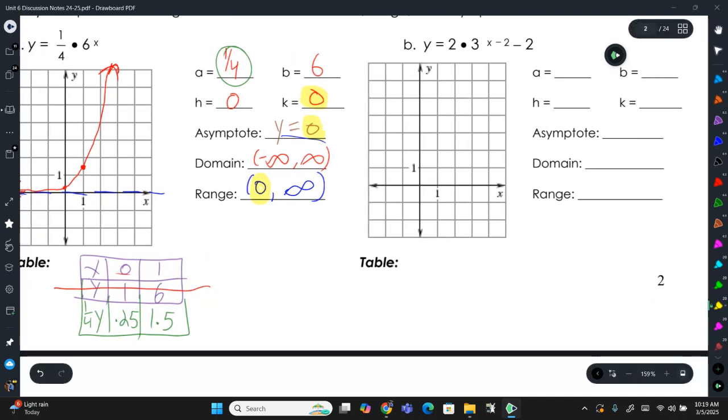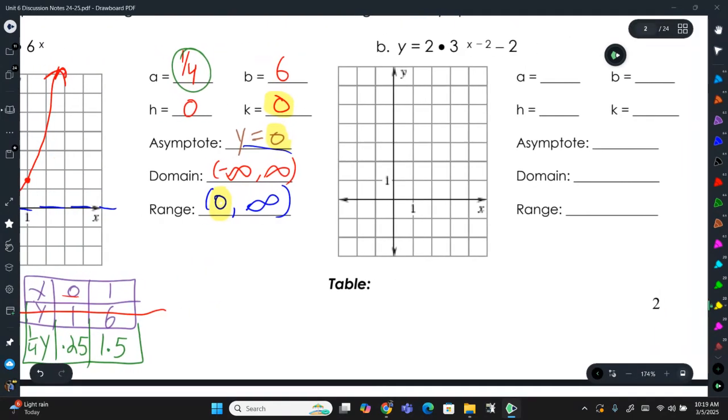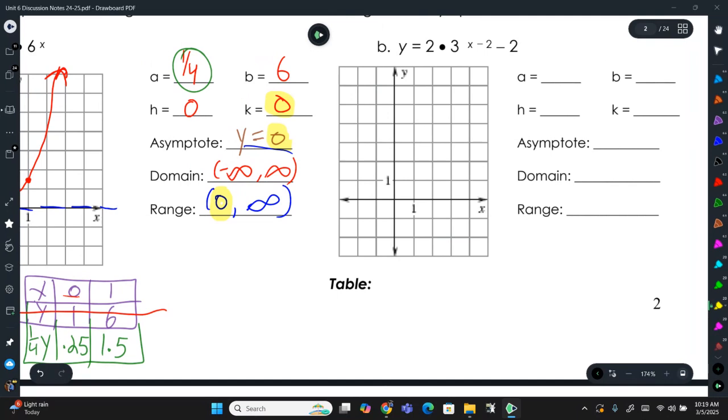Now, with letter B, we have some translations. Our A value is 2. Our B value is 3. Our H value is positive 2, the opposite of what we see. And our K value is negative 2.